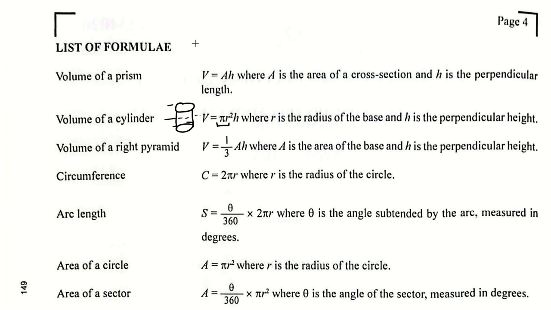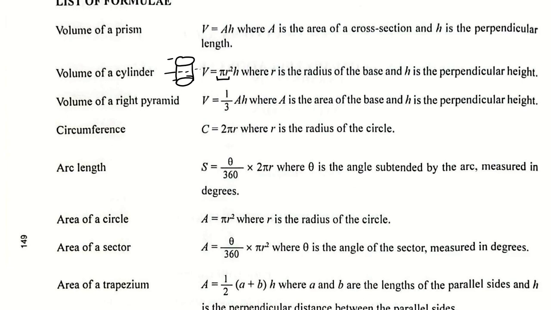Length of an arc is the fraction multiplied by the circumference of your circle. So what fraction of the circle is the arc? Area of a circle would be pi r squared.